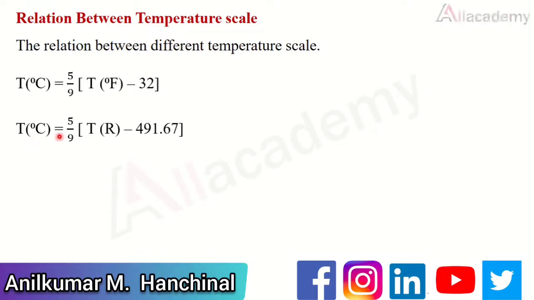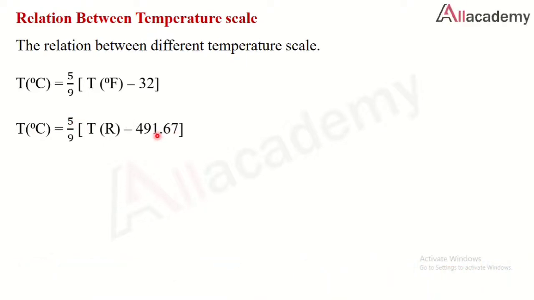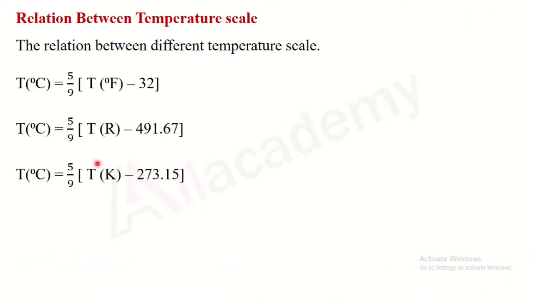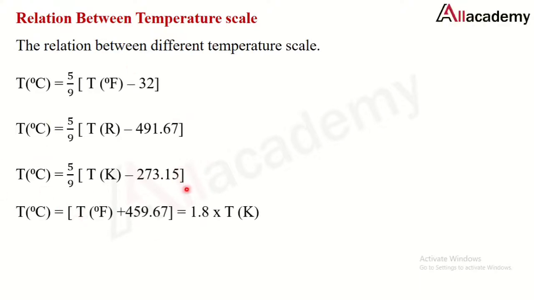Similarly, there is an equation to convert the Rankine scale into Celsius, and from Kelvin to Celsius it is TC equals TK minus 273.15. These are the relationships that we consider while solving numericals.